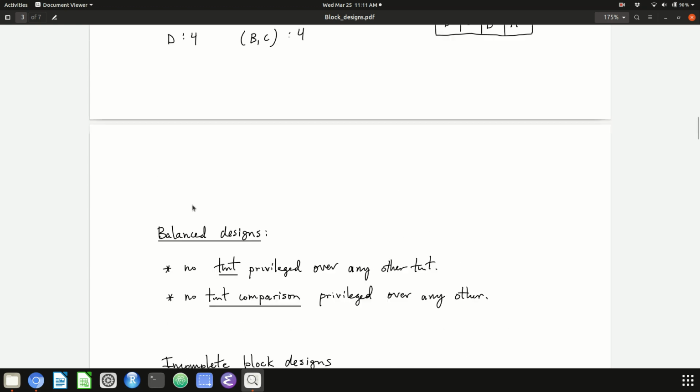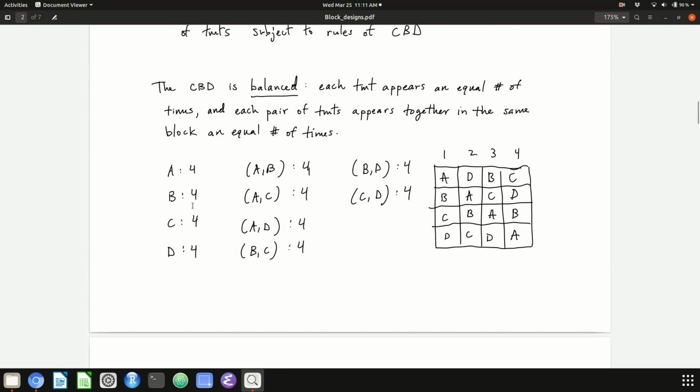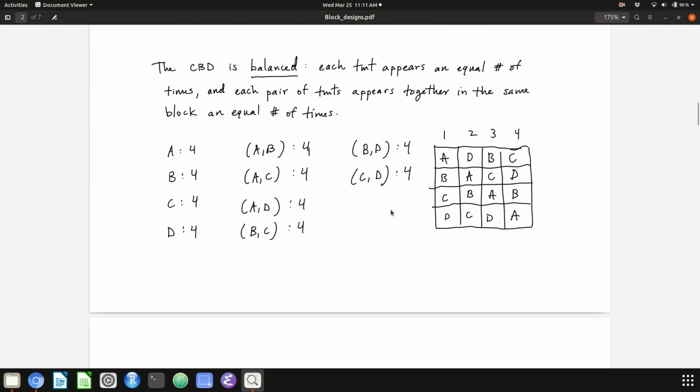So let's go back and reiterate what we mean by that. If you wanted to know whether wheat variety B was better than wheat variety A, one thing you might do is compare the yields from this subplot to this subplot. That would tell you how much better B is doing than A.